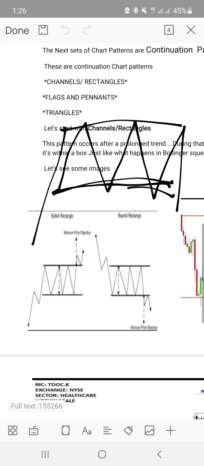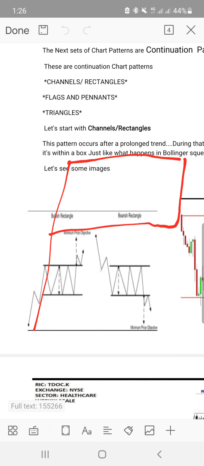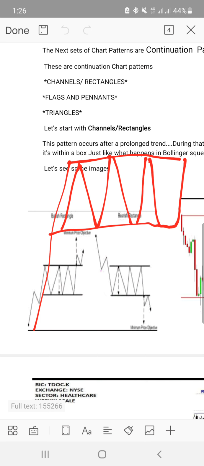The support and resistance are within a fixed box. Price rallies up, then this is a rectangle. Price comes down to touch the support, touches the resistance, comes down to touch the support again, just like that. Now this is a channel or a rectangle.